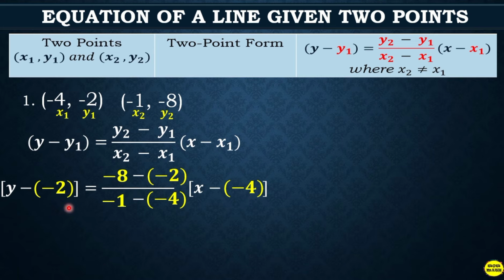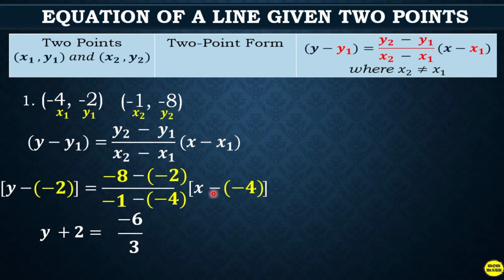Okay, let us solve. So, ito na naman. So, simplify muna natin. Negative times negative, magiging positive yan. So, magiging y plus 2. And then, magiging positive ulit to. So, negative 8 plus 2 na siya. So, negative 8 plus 2, that is negative 6. Okay? Over, magiging positive rin to. So, negative 1 plus 4, that is positive 3.